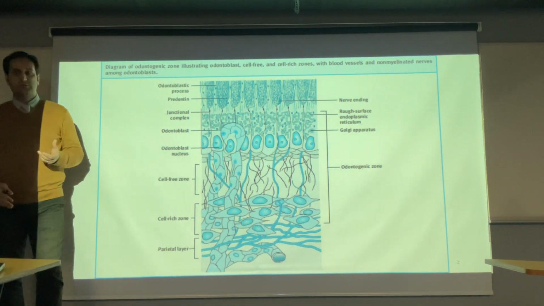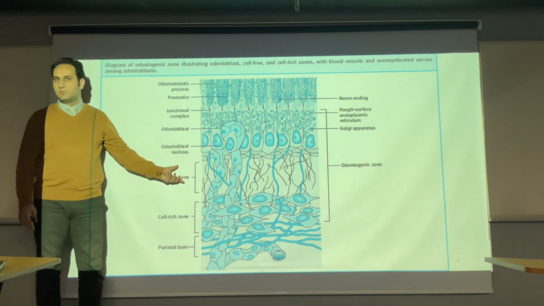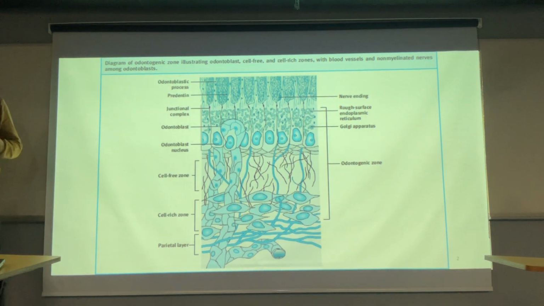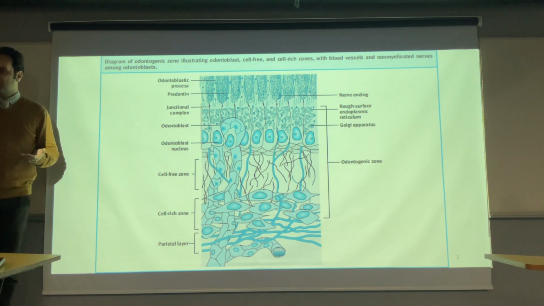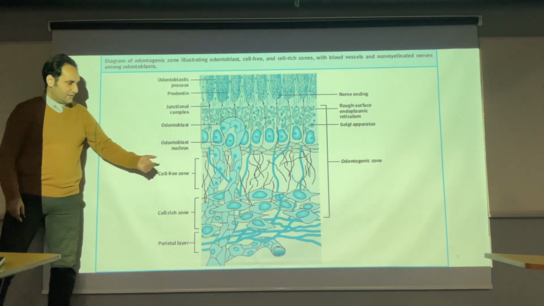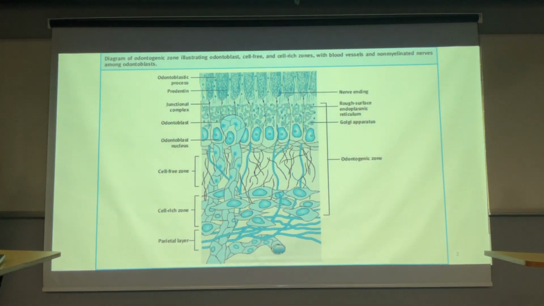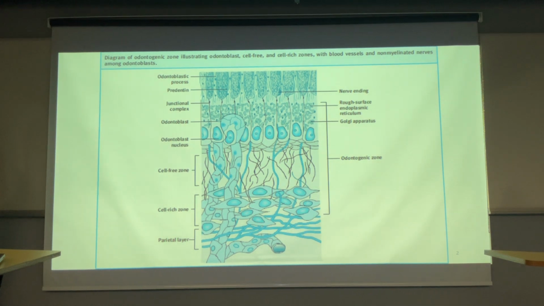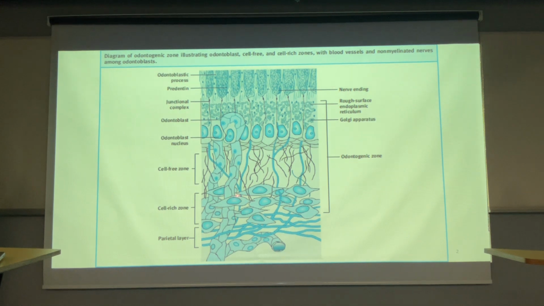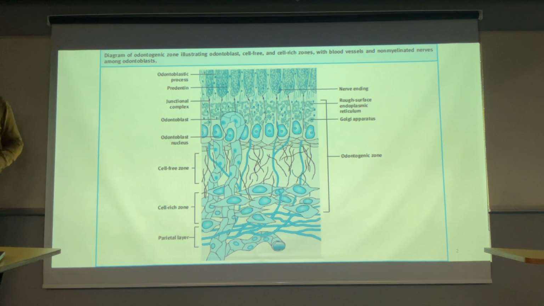Now, I want to ask you a question. We said this zone is the cell-free zone, but in the cell-free zone, again you can see some cells. Which cells can be found in the cell-free zone? Look at here. What are these structures? Blood vessels or capillaries come from the middle side of the pulp, cross the cell-rich zone and cell-free zone, and reach the odontoblasts.